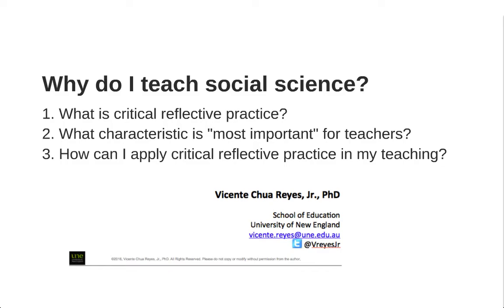And then I'm going to walk you through several exercises with the objective of discovering what characteristic is most important for teachers, particularly for pre-service teachers. Finally, using a geography subject, I will talk about how we can apply critical reflective practice in our teaching. This question number 3 will actually be helpful as you start thinking about your assignment 1.